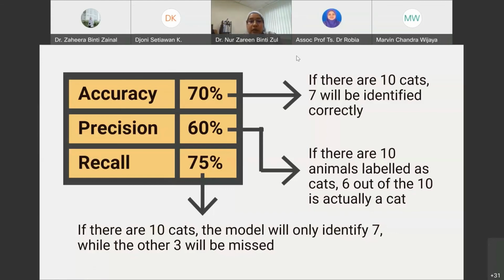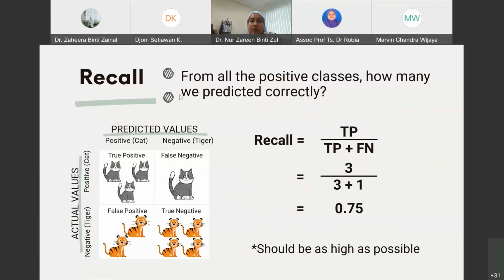So maybe if you are working on a model that wants to look at negative results, then you would use specificity here. Recall, just now I mentioned, looks at true positives, right? From all the positive classes, we want to know which are predicted correctly.